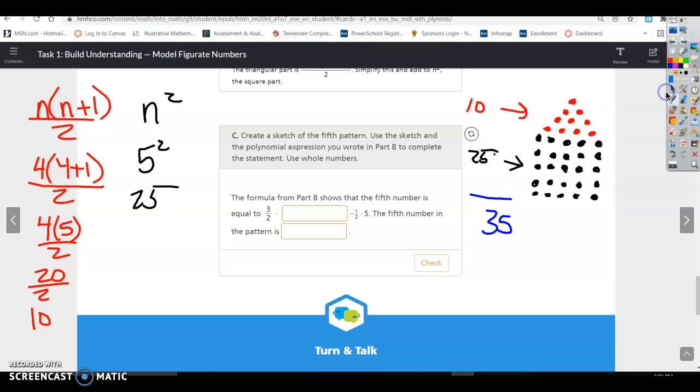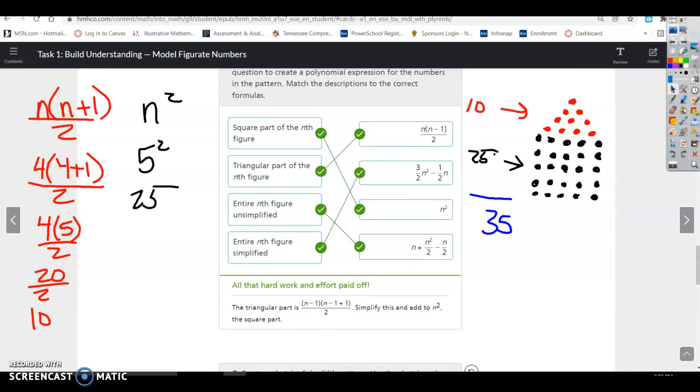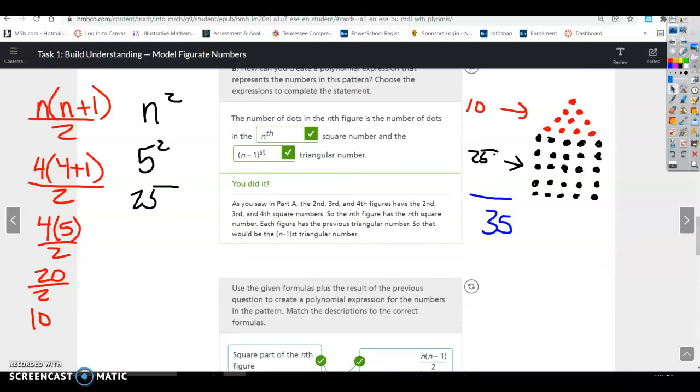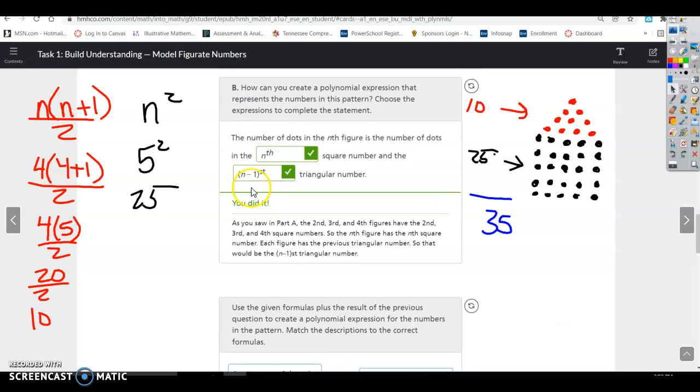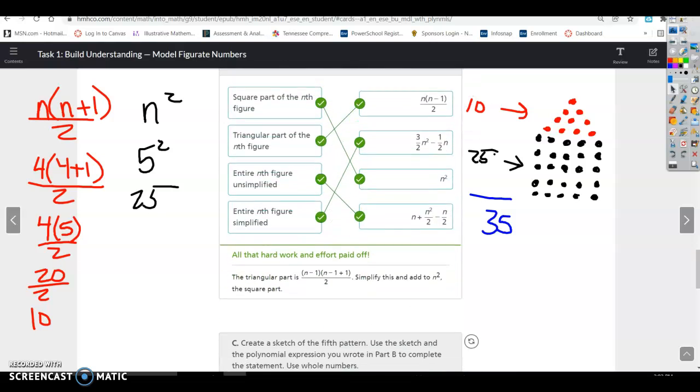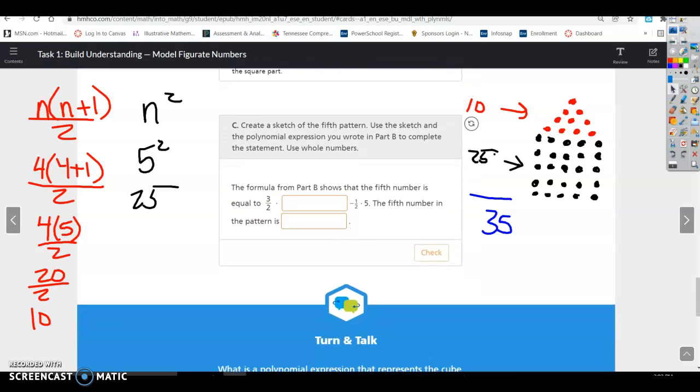All right, so let's look at this and see what it says. Again, the formula for part B shows the fifth number is equal to, let's look at part B. The number of dots in the nth figure is the number of dots in the nth square number and the n minus 1 triangle number. So the formula says the fifth number is equal to 3/2 times this number squared minus 1/2 times 5.